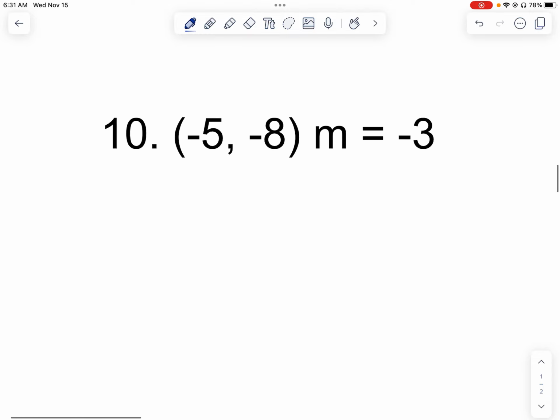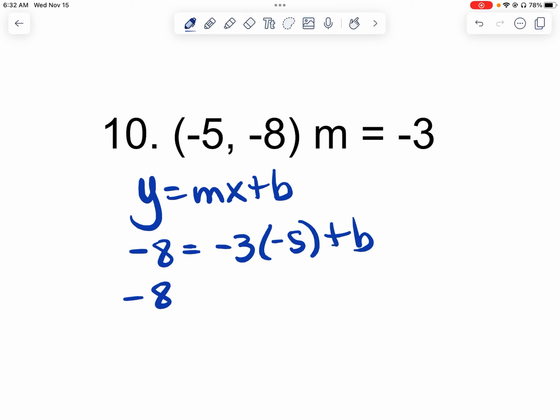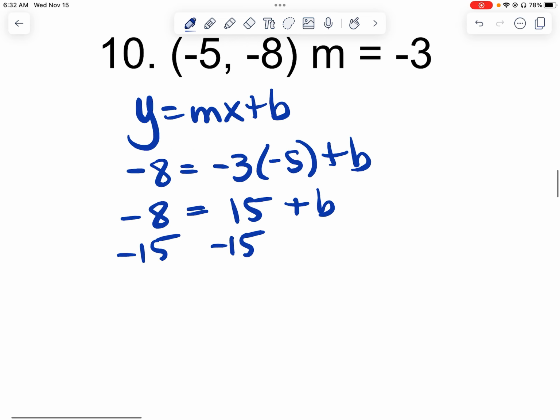Down here, y equals mx plus b. I replace negative 8, negative 3, negative 5, plus b. So negative 8 equals 15 plus b. Subtract 15, get negative 23 equals b.